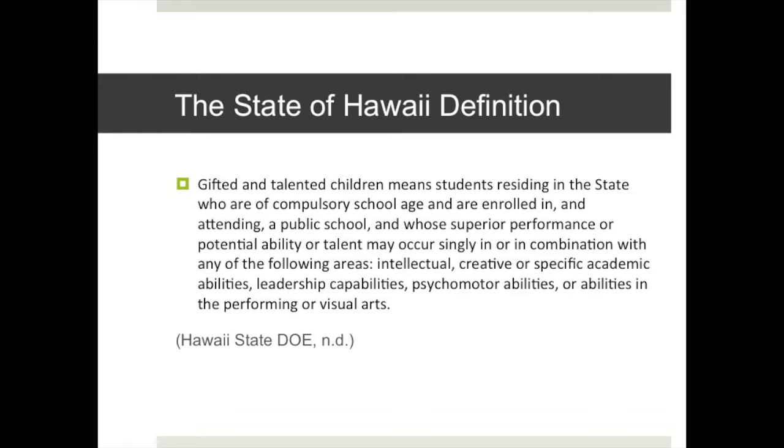Gifted and talented children means students residing in the state who are of compulsory school age and are enrolled in and attending a public school, and whose superior performance or potential ability or talent may occur singly or in combination with any of the following areas: intellectual, creative or specific academic abilities, leadership capabilities, psychomotor abilities, or abilities in the performing or visual arts. Compared to the federal definition, other areas are the same, but the state definition includes psychomotor abilities.